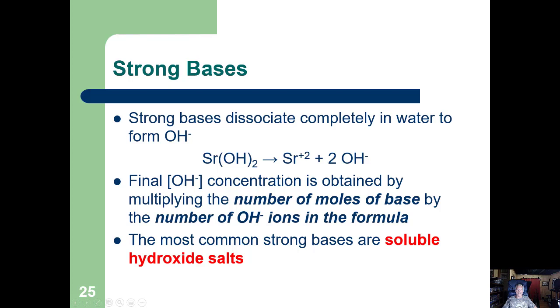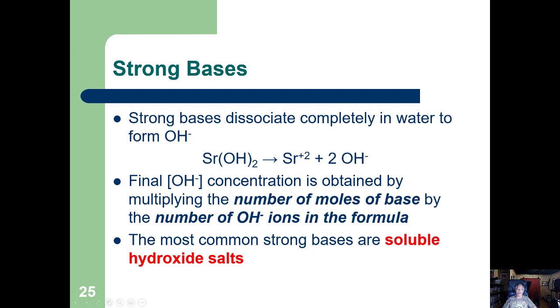Remember your strong bases. There are 8 of them. Those are the alkali metal hydroxides and calcium, strontium, and barium hydroxide. So we treat these as complete dissociations, but for the heavy alkaline earth bases, remember, you've got 2 hydroxides per mole of the base. And so it's a twofer.